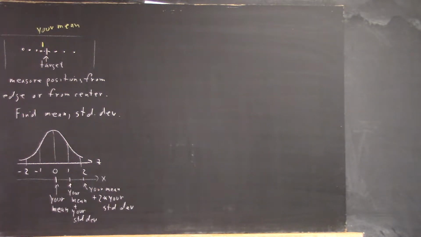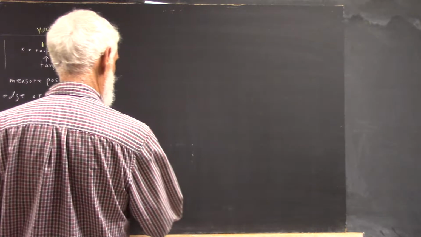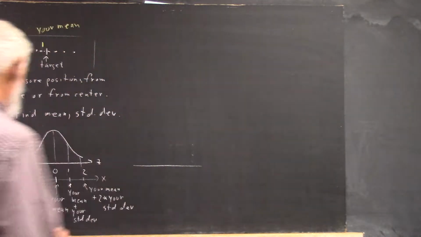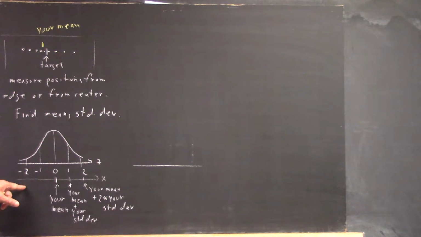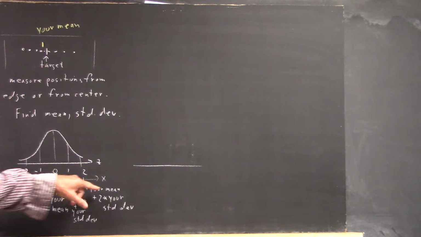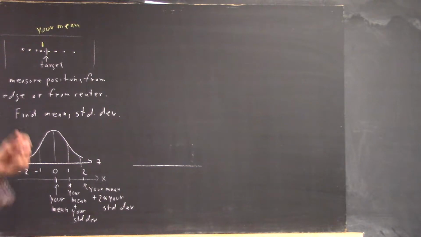Okay? So, for example, and I'm not going to tell you what this is or this, you can figure that out. Okay? Obviously, your mean minus your standard deviation, your mean minus 2 times your standard deviation. These numbers have to be equally spaced, right?